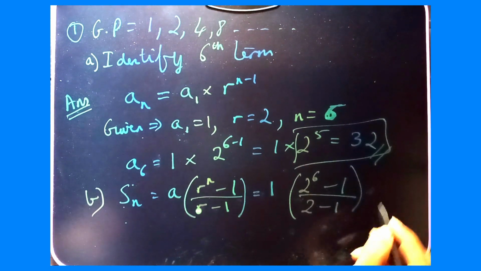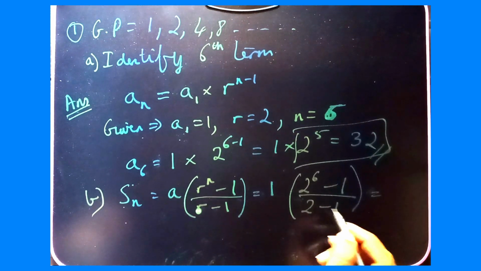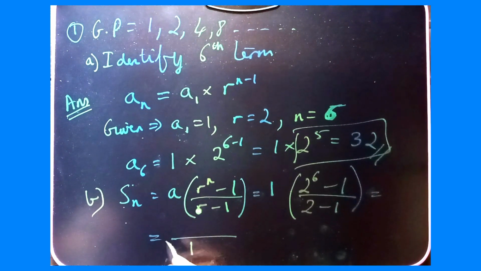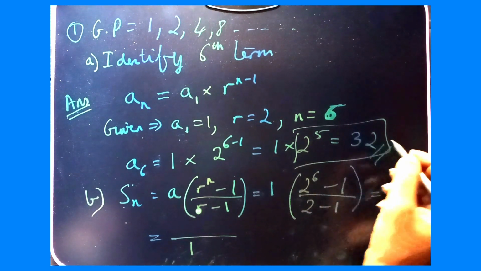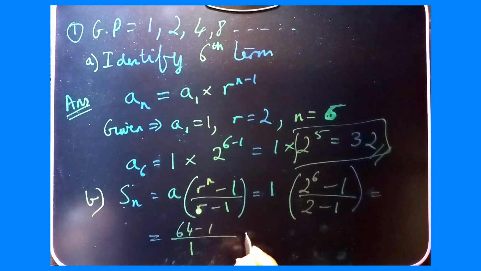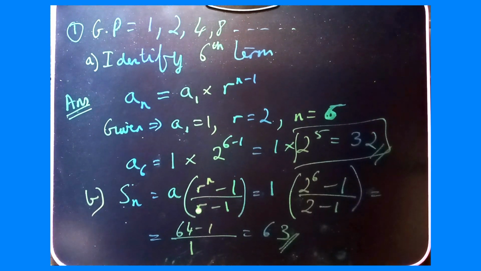If you solve this, the denominator will be 1, 2 raised to 6 is basically 64. Multiplying by 1, you'll get 64 minus 1, so you'll get 63. So this is your answer.